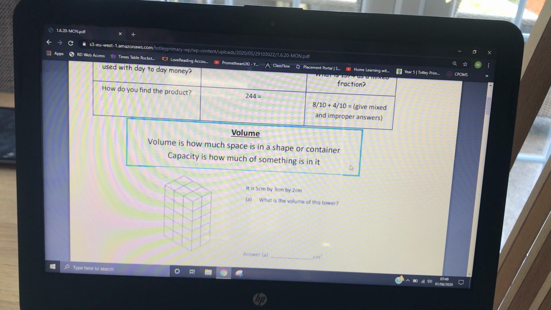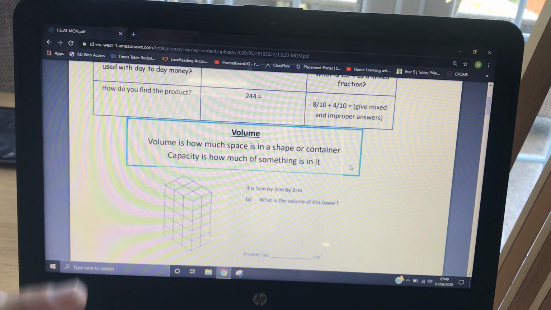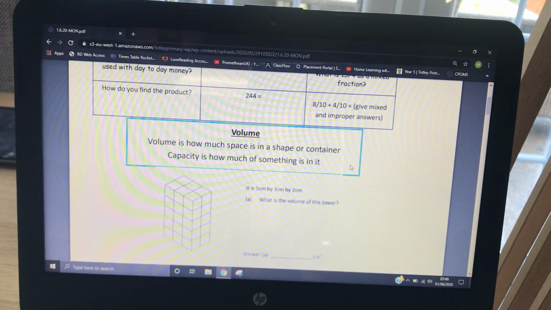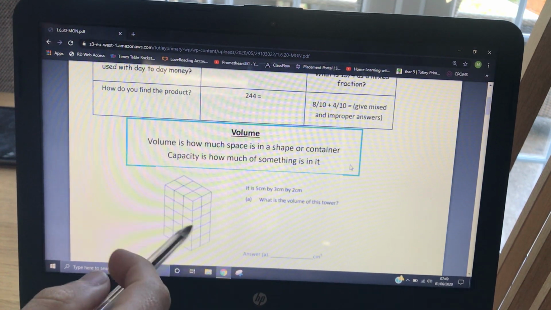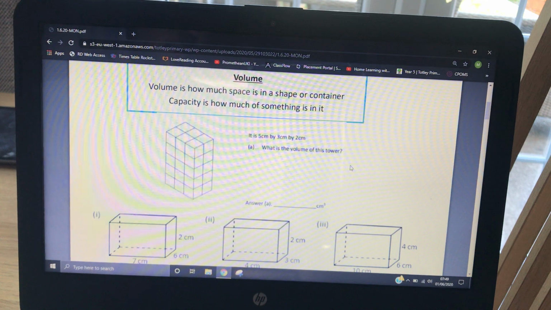Capacity, which can be solved in the same way, is how much something has in it. So that's more your millilitres and litres, like 350 millilitres. Whereas volume is the actual space it takes up.